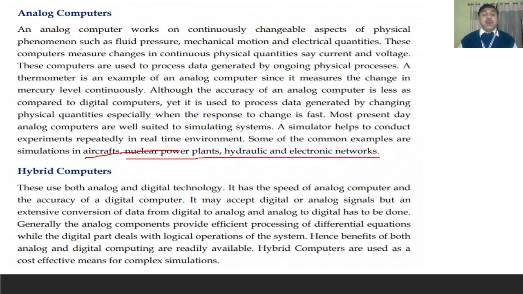That means the components of this computer are comprised of both the analog and digital phases. Both of these sections work together on the work, and that is why we call it a hybrid computer system.